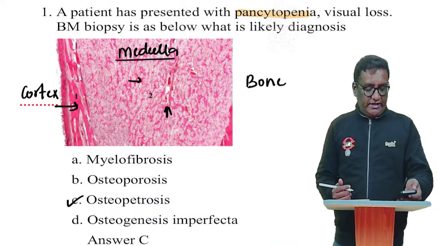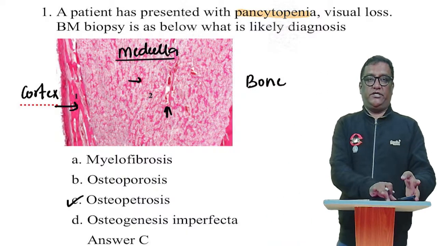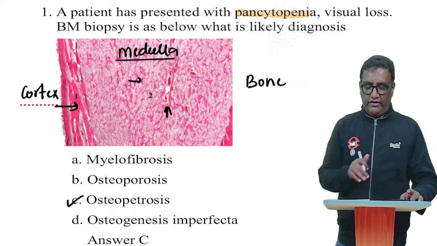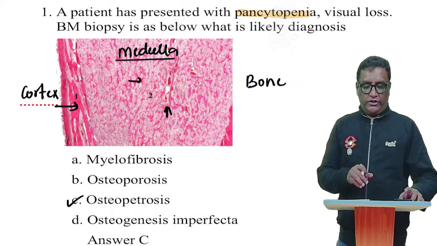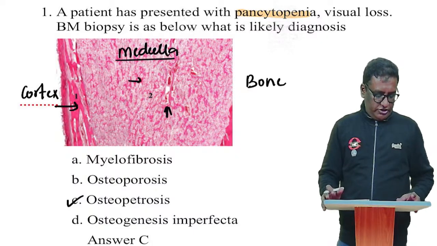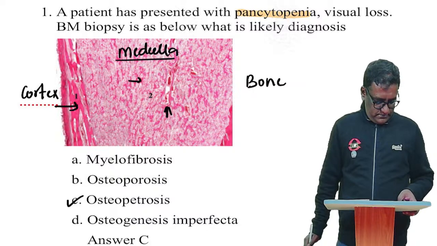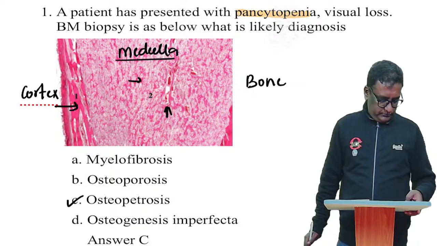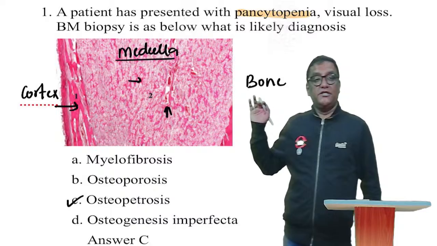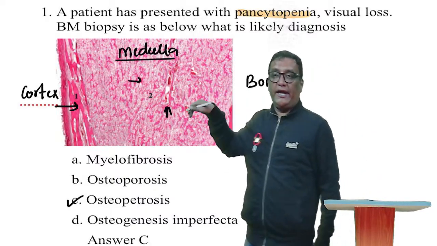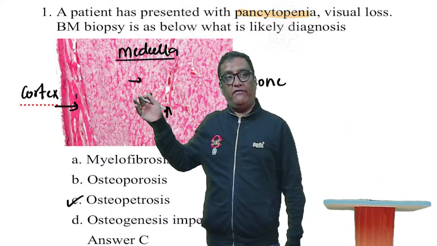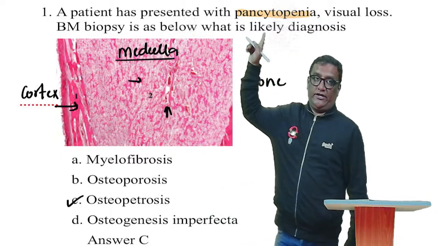That is why there is excessive bone formation. Excessive bone formation will eventually lead to what? Even the medullary cavity is filled with bone. Because the medullary cavity is filled with bone, the patient is having pancytopenia.